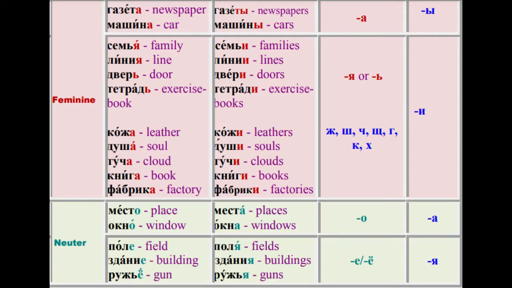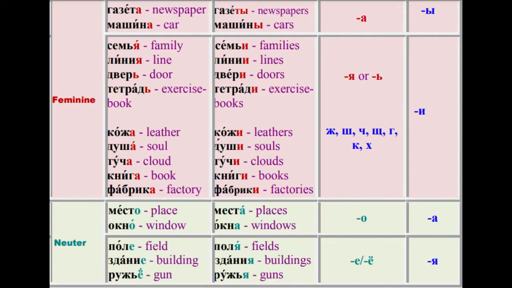Those neuter nouns that have letter O at the end, in plural, letter O will be replaced by letter A. Место, места, place, places. Окно, window, окна, windows. Also, we know that neuter nouns end with letters ye and yo.